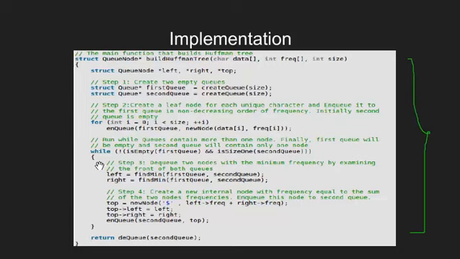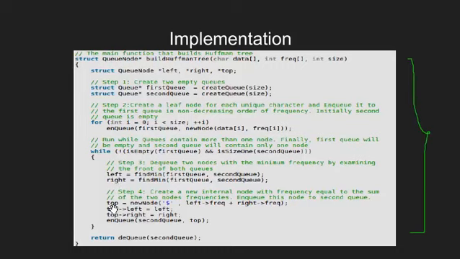Then we iterate until the first queue is empty and the second queue contains only a single node. Each time we dequeue 2 nodes by examining the front of both the queues and assign the one with lesser frequency to variable left and the one with higher frequency to variable right.